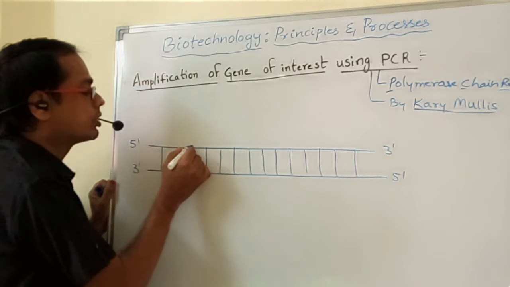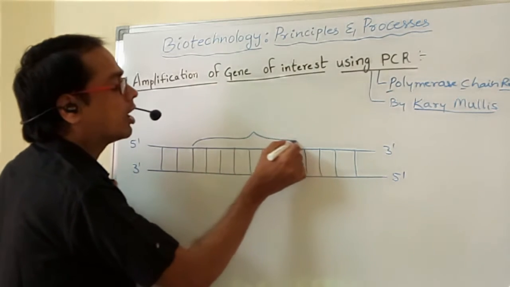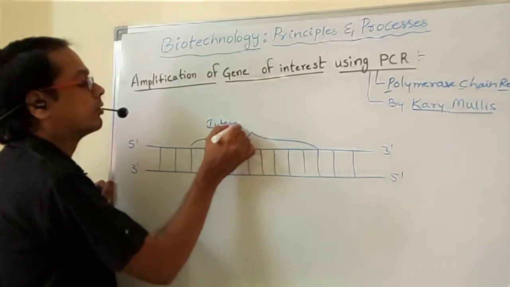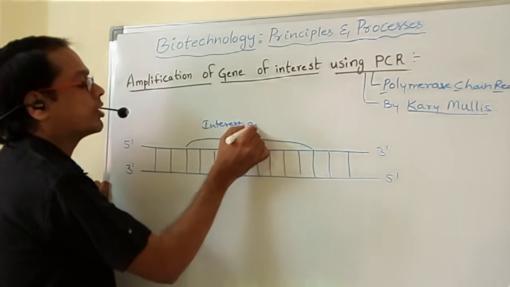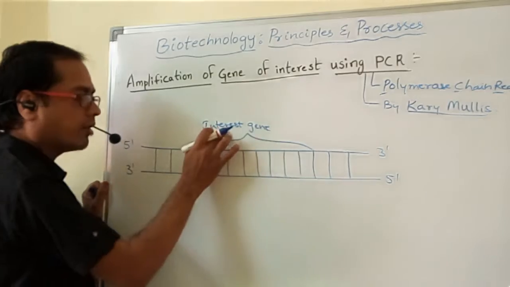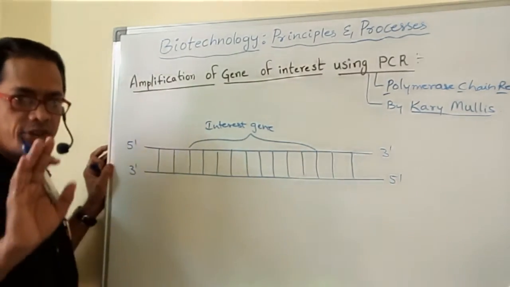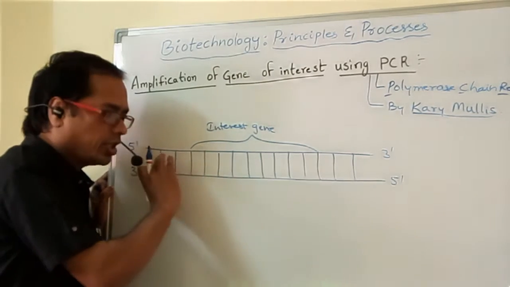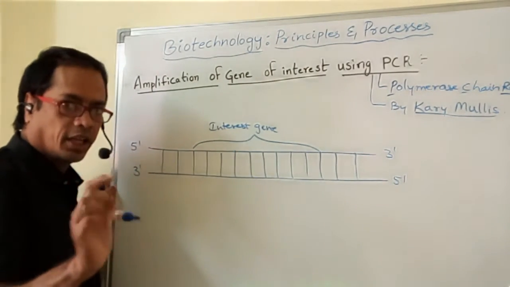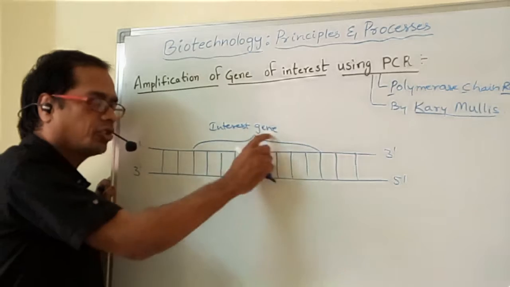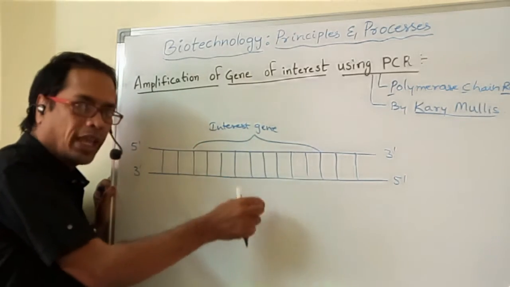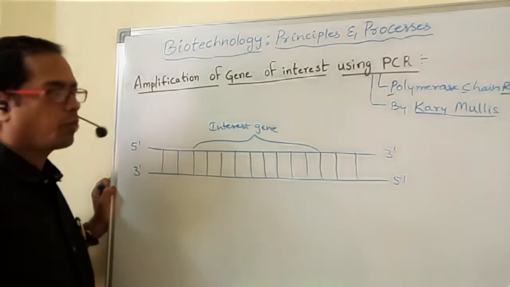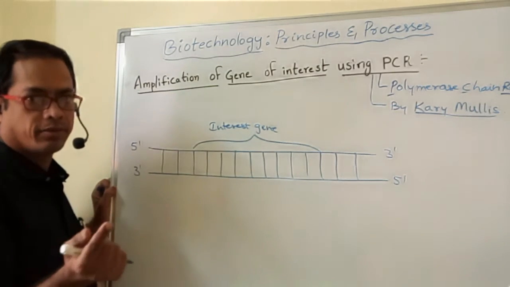Let us suppose this part will be the interest gene. This entire thing is one DNA, and this DNA contains the interest gene. This interest gene should be amplified. It should be copied. Amplified means copying.